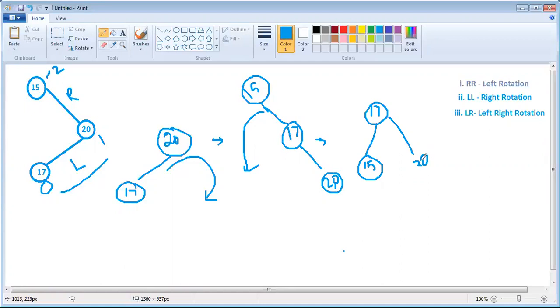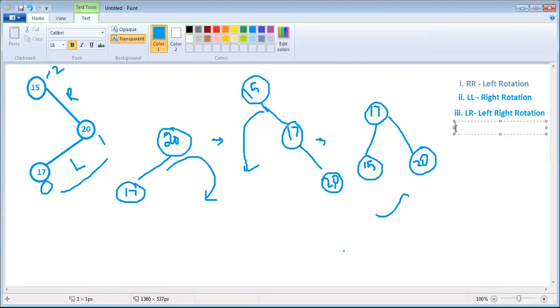Check whether it is a BST, whether it is a proper AVL tree, check all the nodes. So what is the fourth one? From top to bottom, if it is this pattern, then you have to do right left rotation from bottom up.